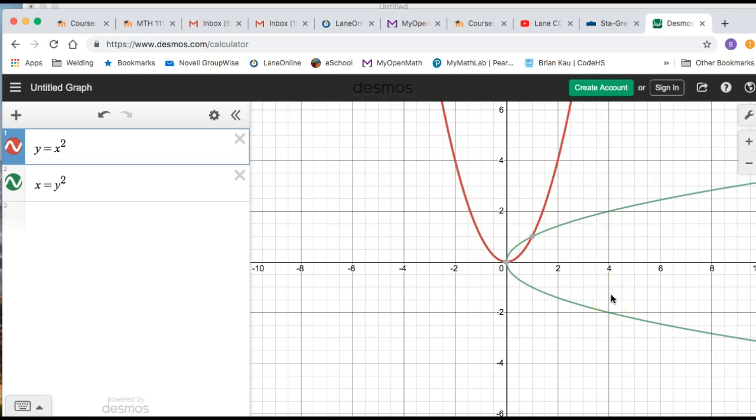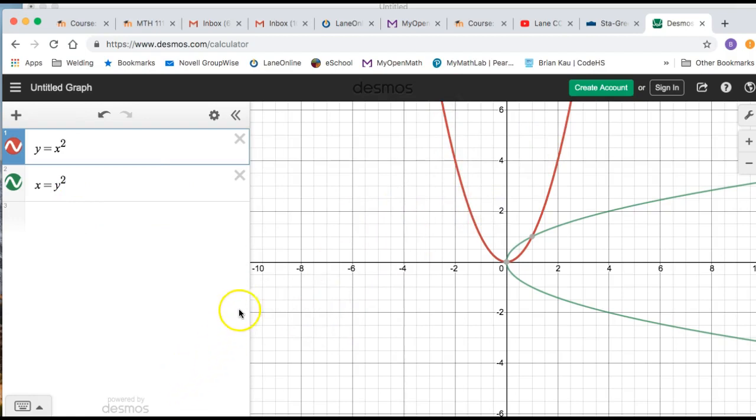We can take a look at this green graph. This green graph is not a function because it doesn't pass the vertical line test. The vertical line test has to cross once, and we don't have that here. The original graph is a function, but this is not a function.